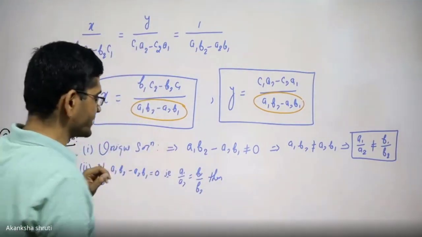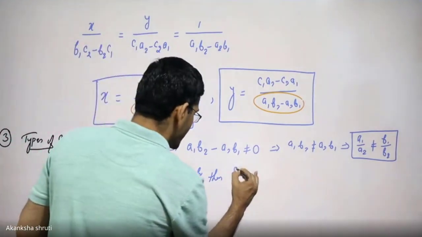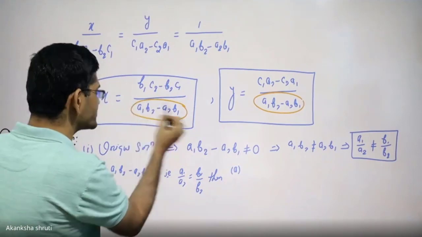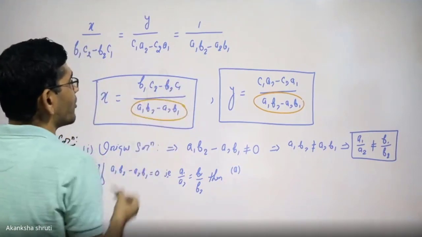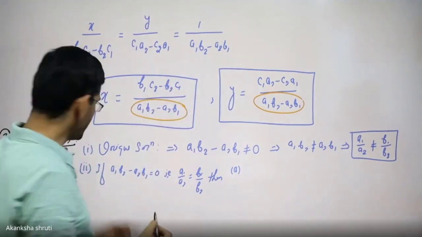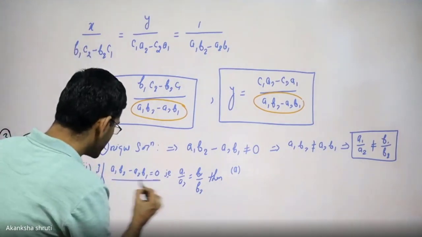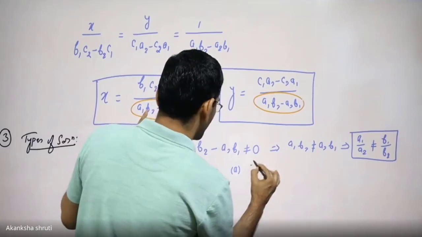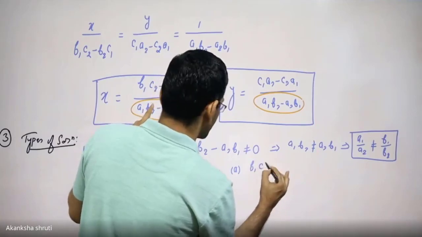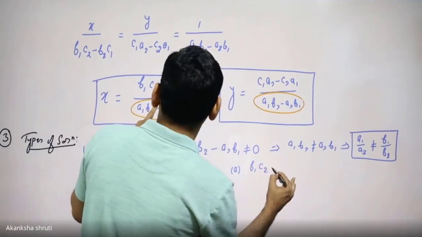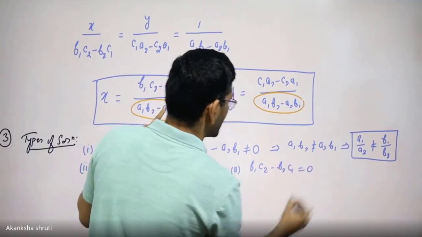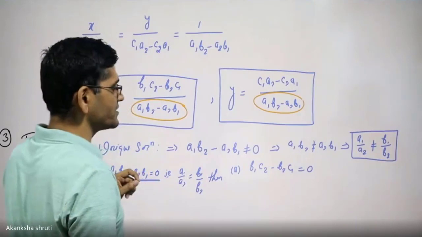What does that signify? It may be possible that the denominator is 0 and the numerator may also be 0. So if this denominator is 0 and the numerator b1 c2 minus b2 c1 is also 0, it may be possible.